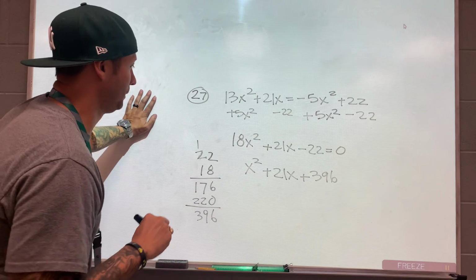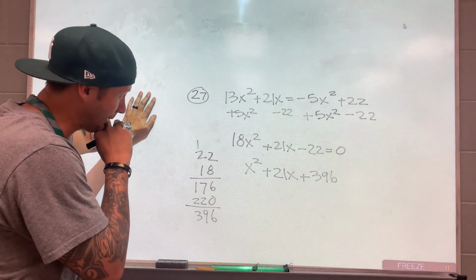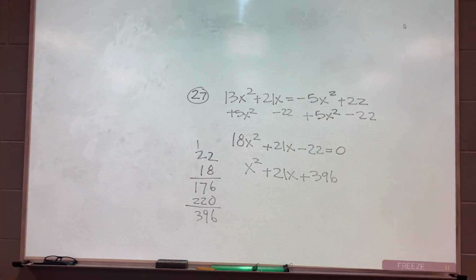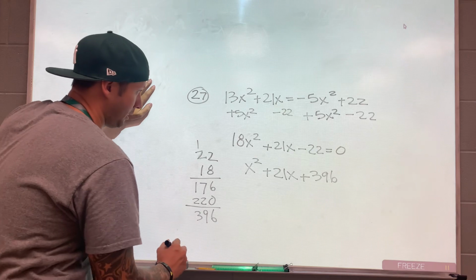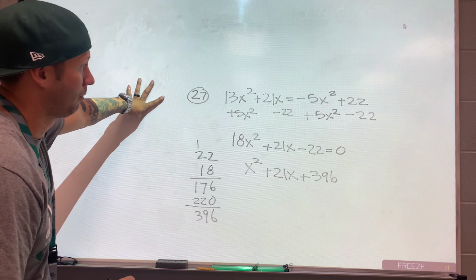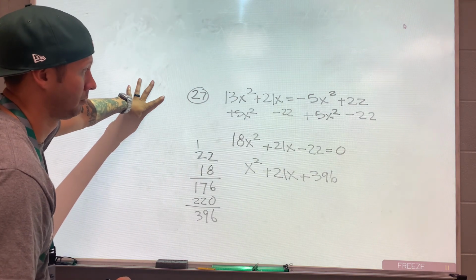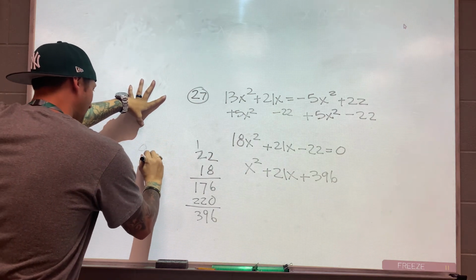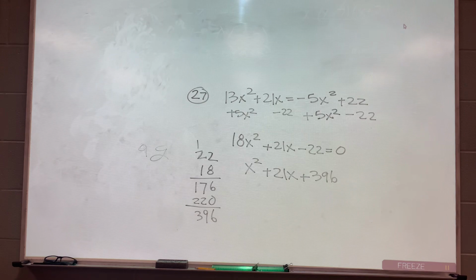Okay, so it's bigger than 6. 7, 8, 9. 9 goes into 39 4 times. It's 36. 9 and 44. Right, 9 and 44. Oh man, my marker's dying. Marker's dying. Time to go home.